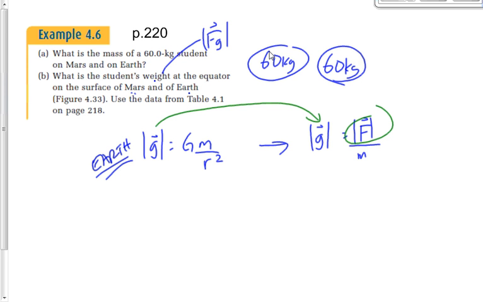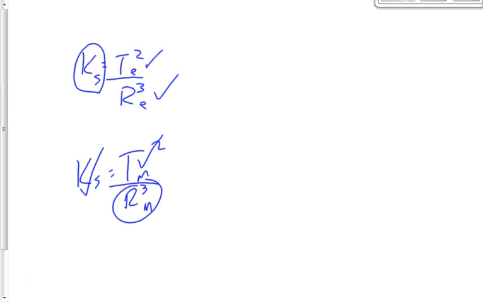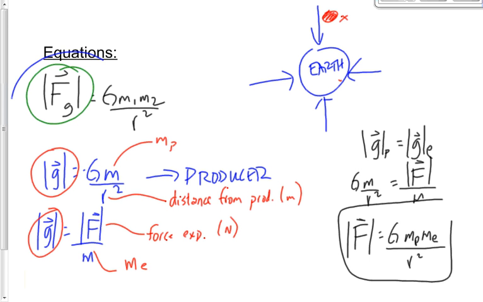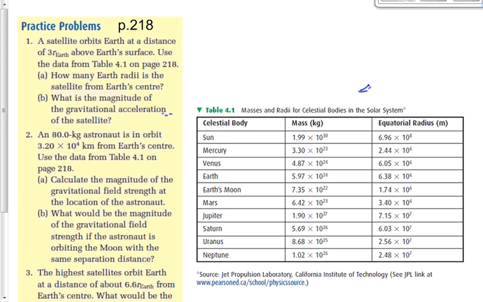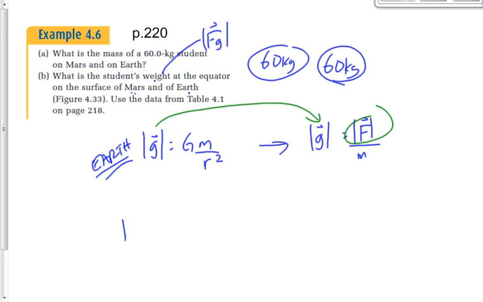Now, the other way to handle this is to say, look, if I'm going to use the producer and the experiencer equation together, and I want to find force, why don't I just use that first equation that I gave you at the beginning of this lesson for gravitational force? Why don't we just say F is equal to G m1 m2 over r squared? Didn't we say that when we set this equal to this, we end up getting this one anyways?